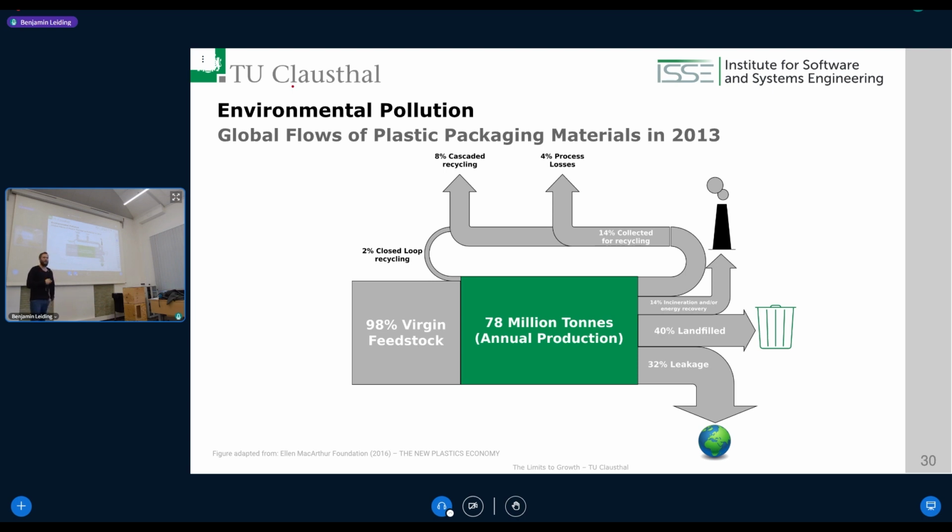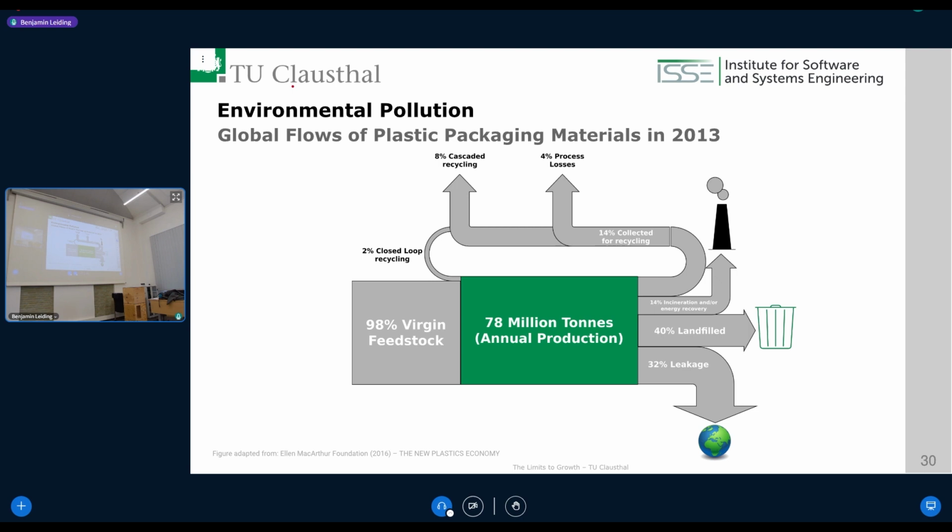So 2% closed loop recycling means from the 78 million tons, you can reuse 2% in closed loop recycling, and the other 98% have to be regenerated from virgin stock every single year. Even if this figure has gone up, I don't know, 10 or 15%, and now instead of 2%, we have 17%, or even 22, 32, or 42% within the last 10 years, this is still too much.